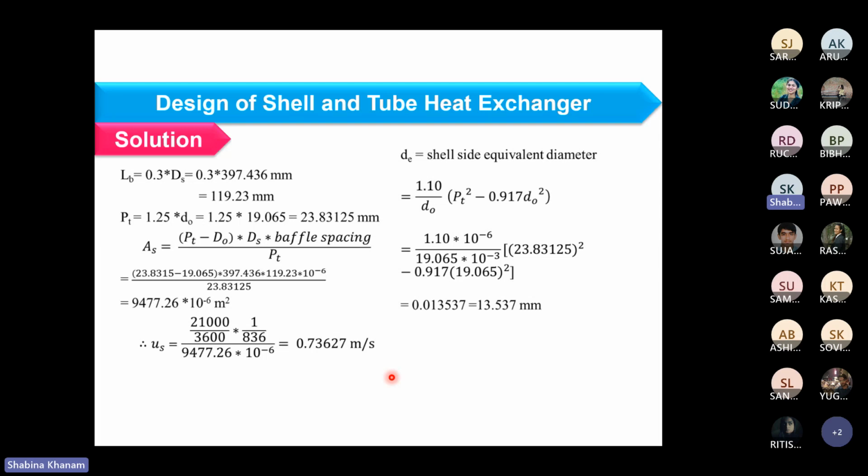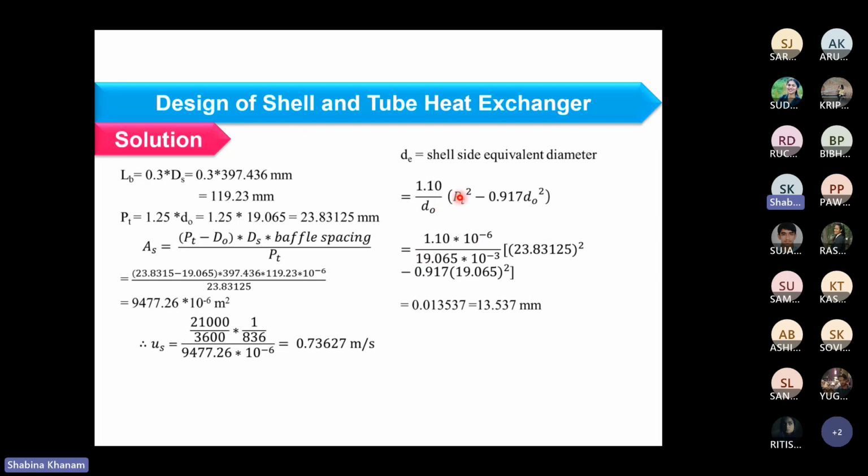So here also you need to check the value. So 0.3 to 1 is the recommended range for velocity in the shell side. Please refer to the basic design parameter lecture. There we discussed the tube side and shell side velocity.